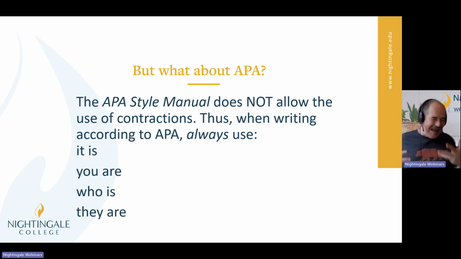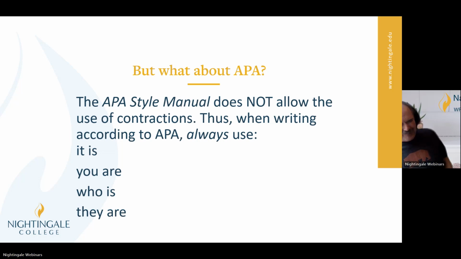So paradoxically, this restriction that we have with the APA Style Manual actually streamlines things a little bit, because if you're making these substitutions to determine if you can replace the word with two words, then you got to be using two words. You are, who is, they are.